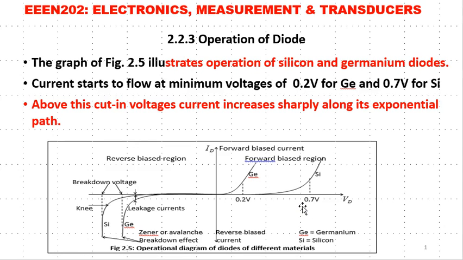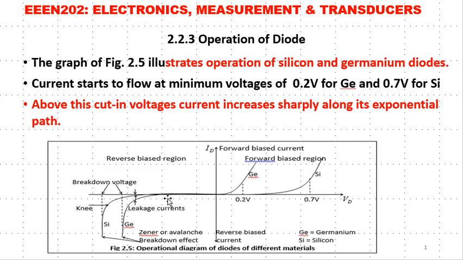But we have already also explained that we can either forward bias a diode or reverse bias it. In the reverse bias direction, for an ideal diode, we are supposed to have zero current flowing. But as I told you, we have minority carriers in the P region and in the N region.